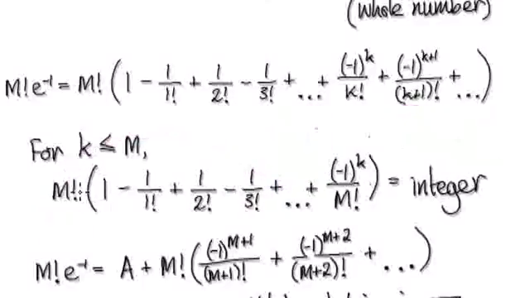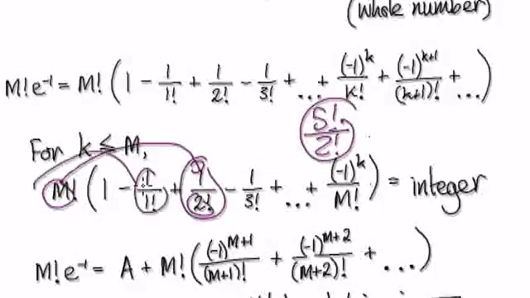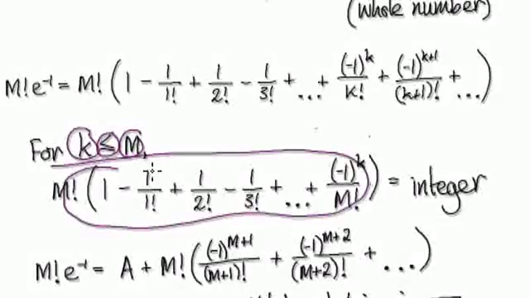Now let's imagine this to be 5 factorial over 2 factorial. This must be a whole number too. So for n equal to or less than m, this whole thing must be a whole number.